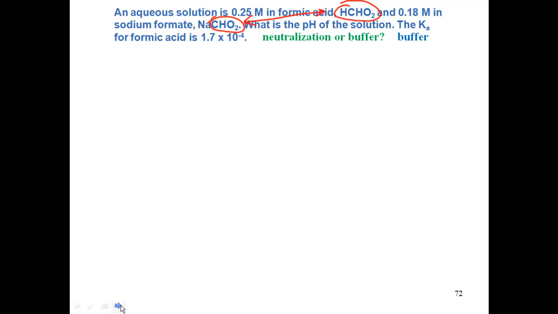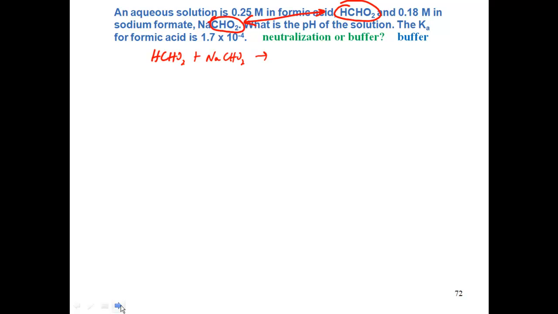Okay. Now, what if you didn't look at that and you couldn't determine that that was a buffer? Then you would have treated it as a neutralization. Well, let's see what happens when you write that as a neutralization. You would have HCHO2 plus NaCHO2. Let's see, what are my products?